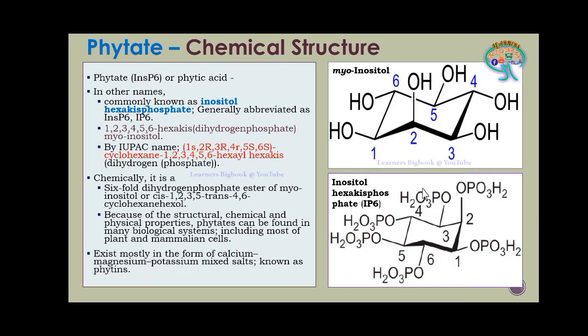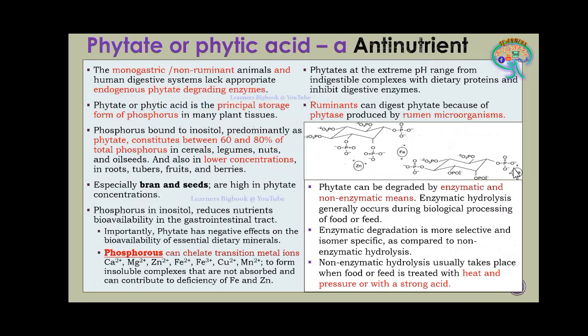So this is the structure of the phytate or phytic acid. Now in the next slide, we are discussing the monogastric or non-ruminant animals and the human digestive system, which do not have phytate degrading enzymes endogenously.